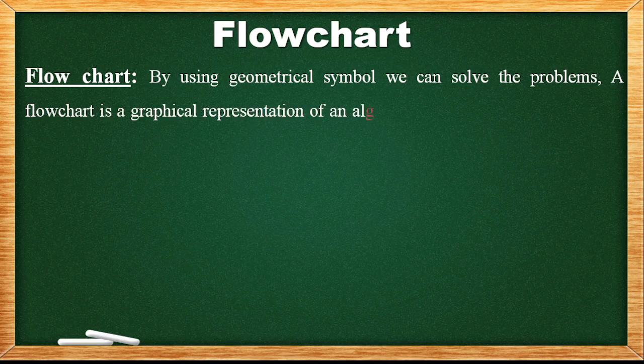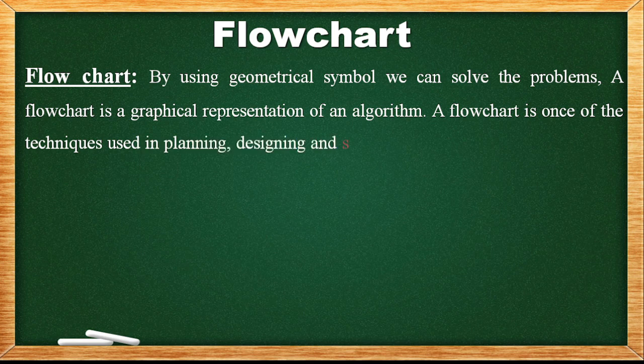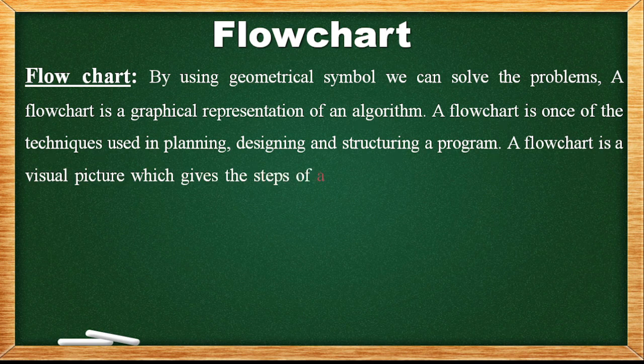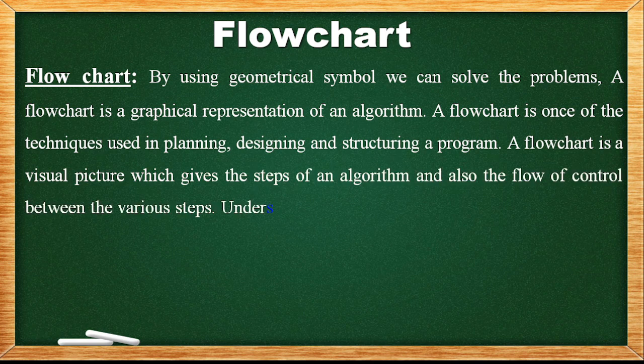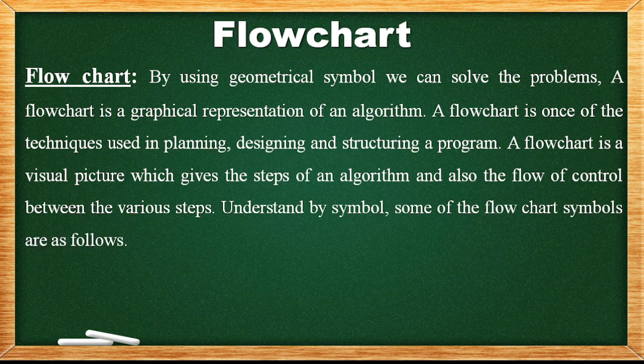A flowchart is a graphical representation of an algorithm. It is one of the techniques used in planning, designing and structuring a program. A flowchart is a visual picture which gives the steps of an algorithm and also the flow of control between various steps, understood by symbols.